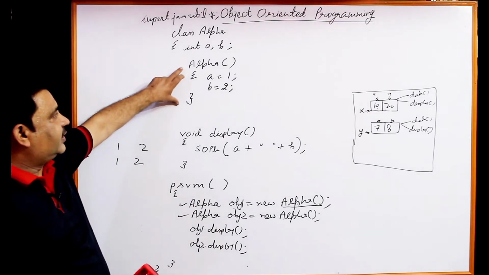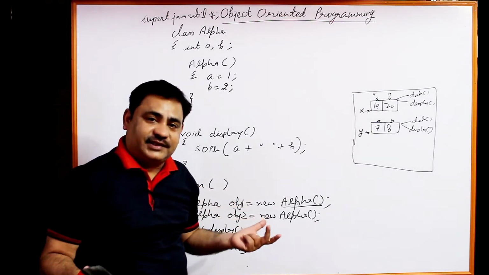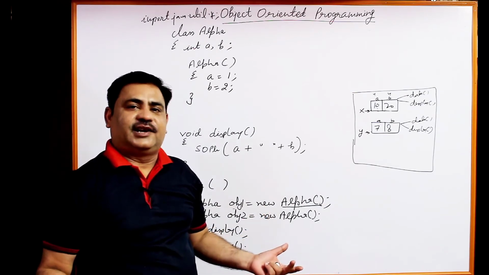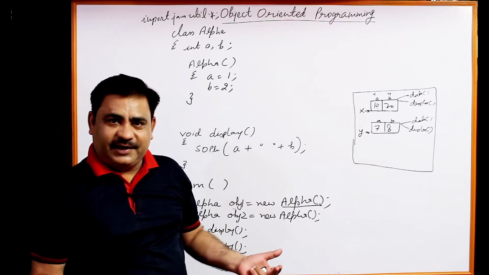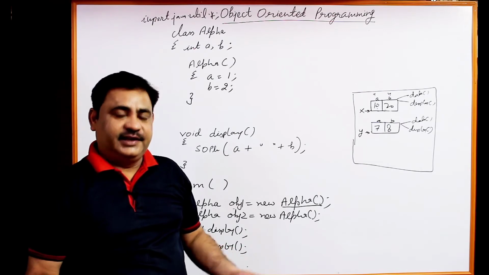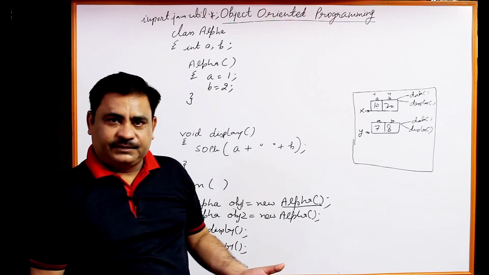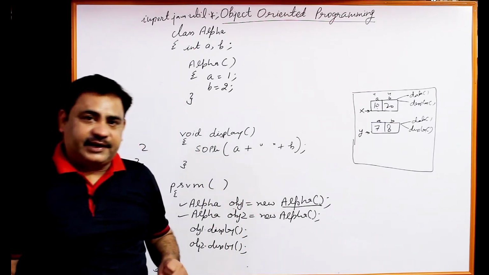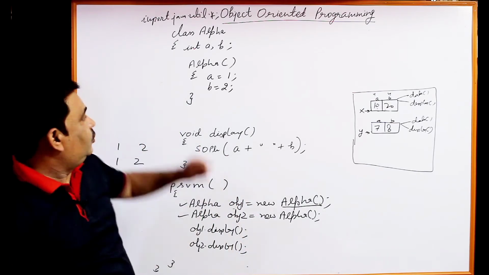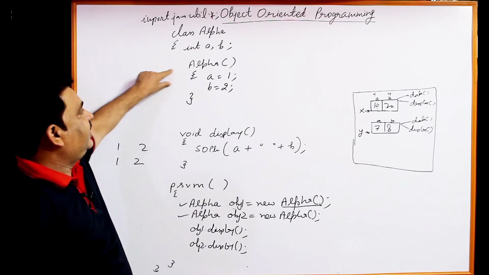So constructor, what is the definition of constructor? Constructors are the methods having same name which is of class. It invokes automatically when objects get created. It does not have any return type, not even void. Do not write void or int, any return type.